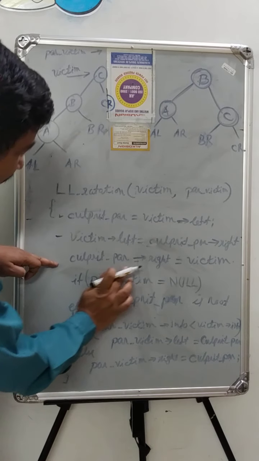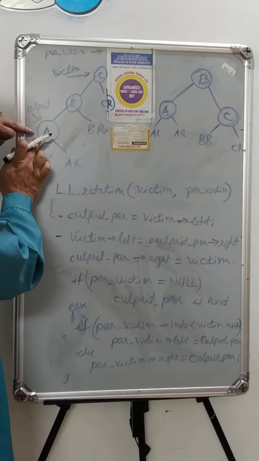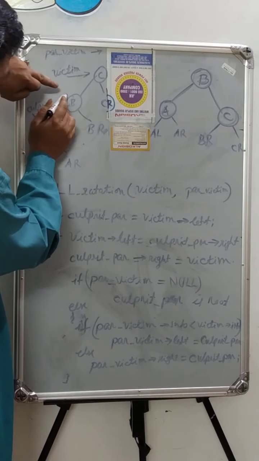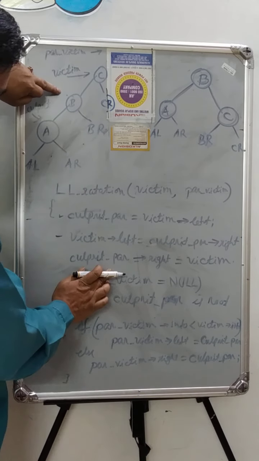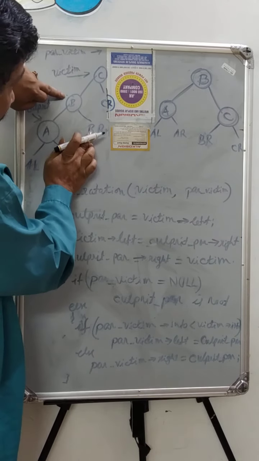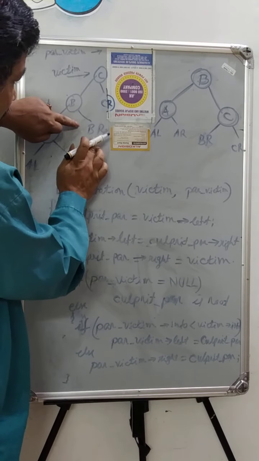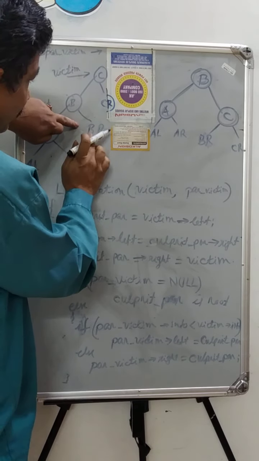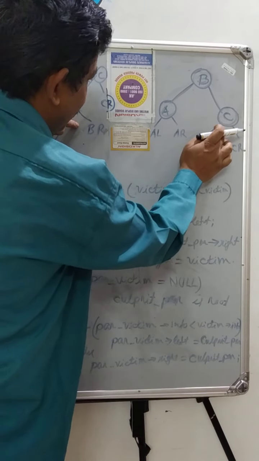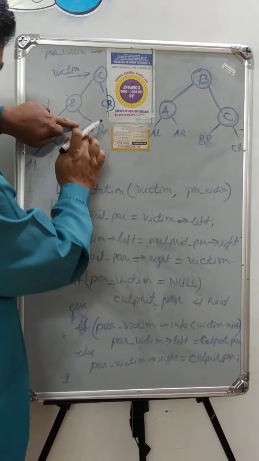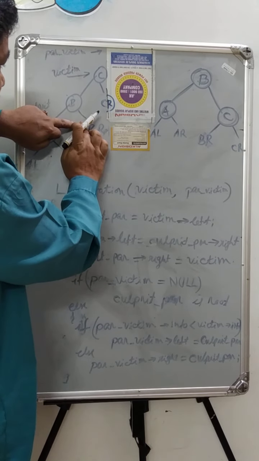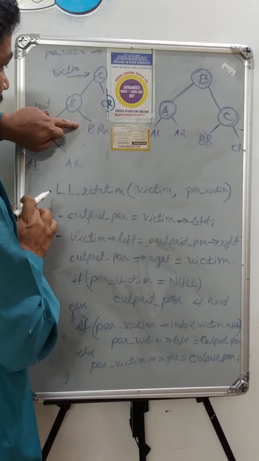Then the culprit's parent, that we have already noted down here, this node's right side, is already preserved in the left part of the node C. Now this pointer of B becomes reusable.